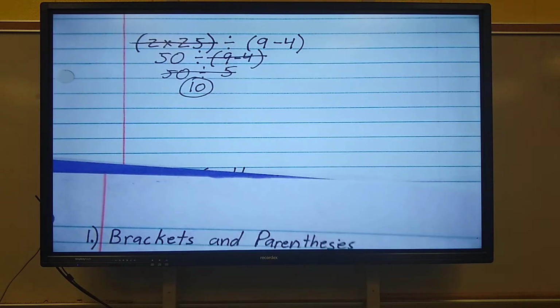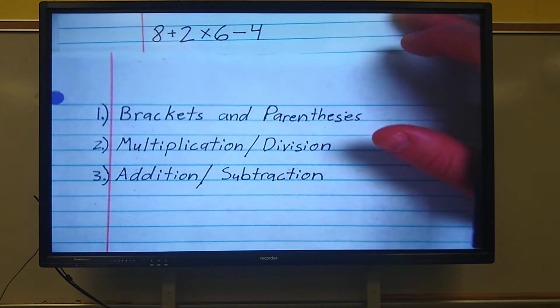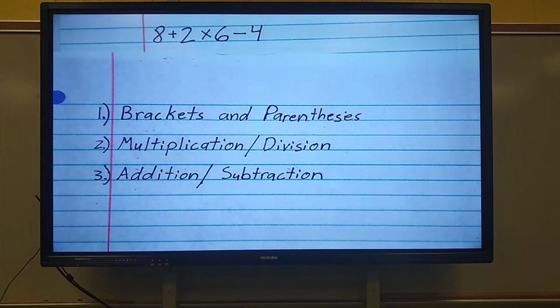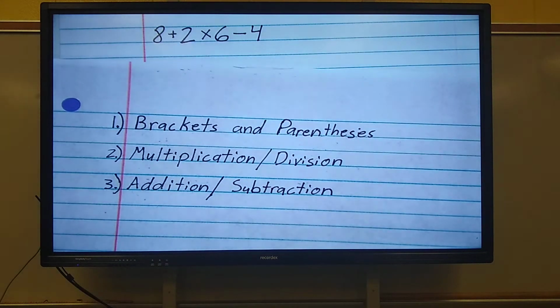All right, the next one. As you can see, there are no brackets or no parentheses, so just go straight to step number 2. Pause the video.